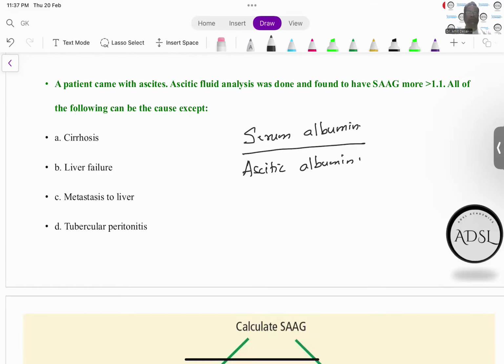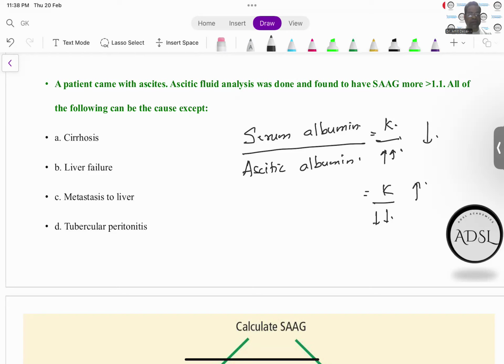Now let us assume that the serum albumin is constant. If this serum albumin is constant, then if the ascitic albumin increases, what happens to this ratio? This ratio decreases. Whereas if the serum albumin is constant and if the ascitic albumin decreases, this ratio is high.